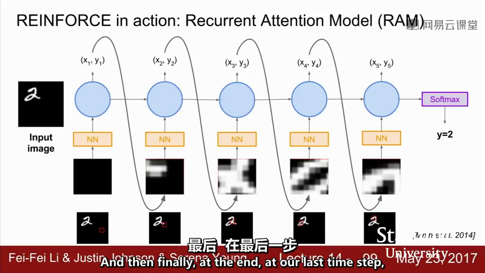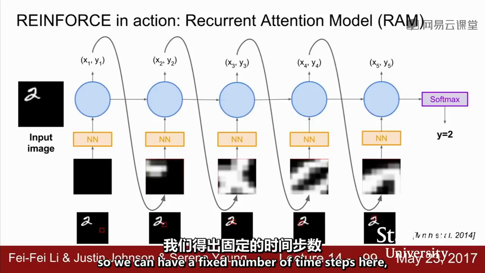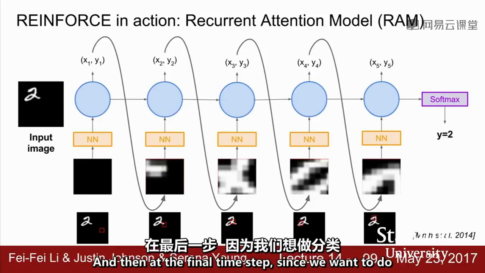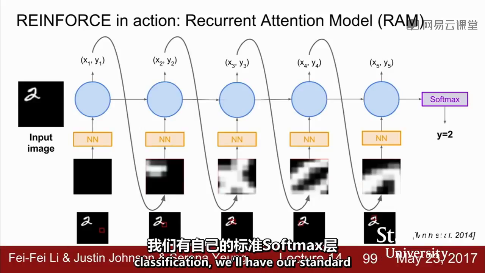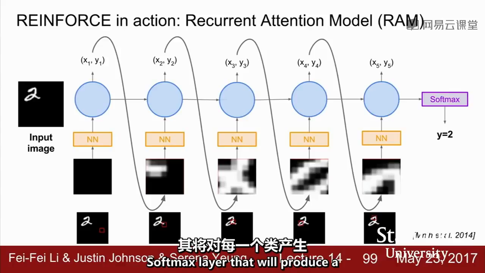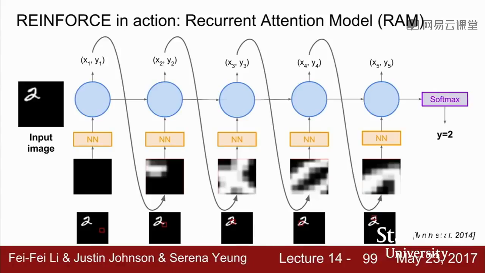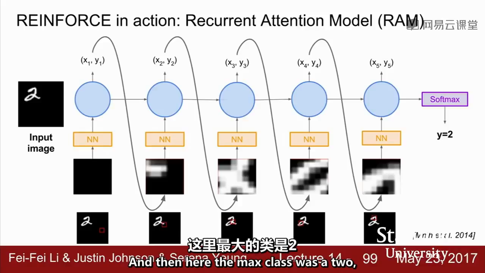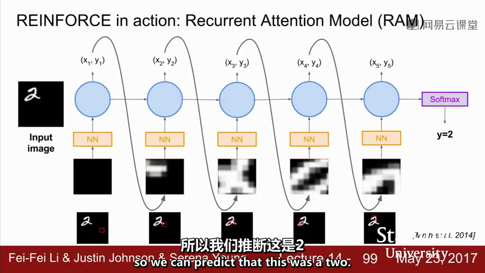Finally, at our last time step, we can have a fixed number of time steps here, in practice something like 6 or 8, and at the final time step, since we want to do classification, we'll have our standard softmax layer that will produce a distribution of probabilities for each class. And then here the max class was 2, so we can predict that this was a 2.